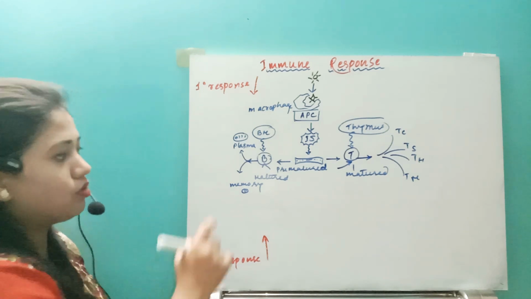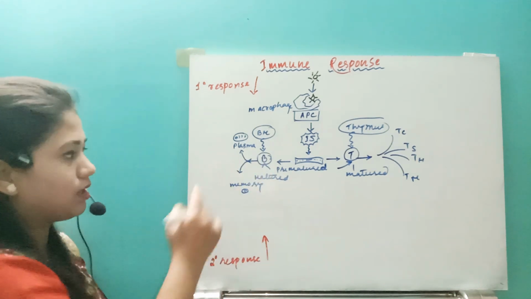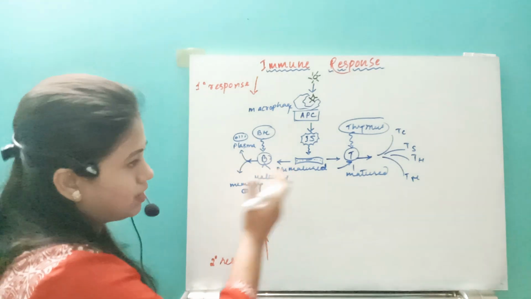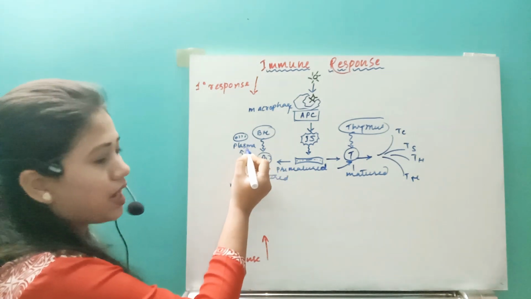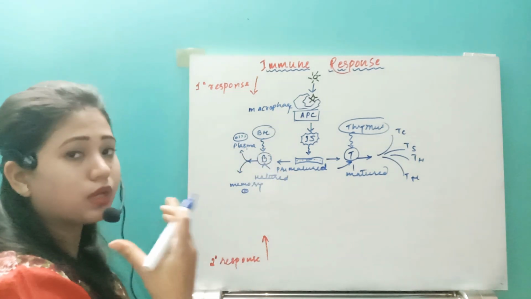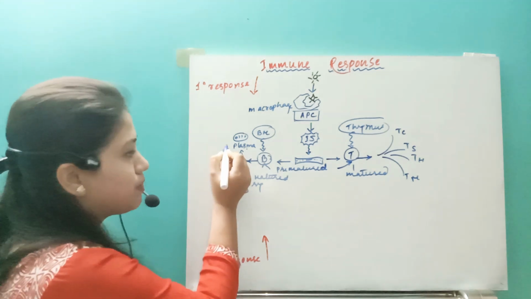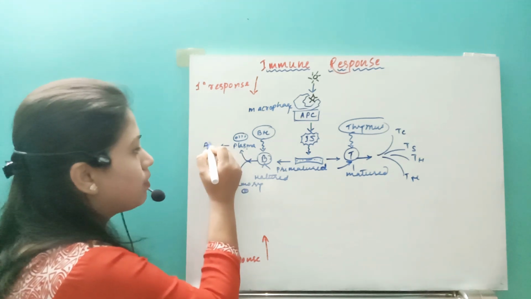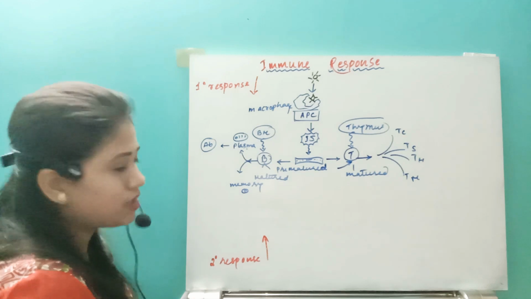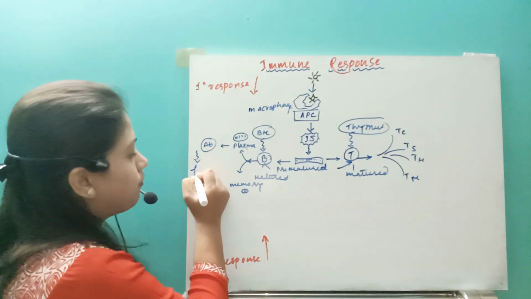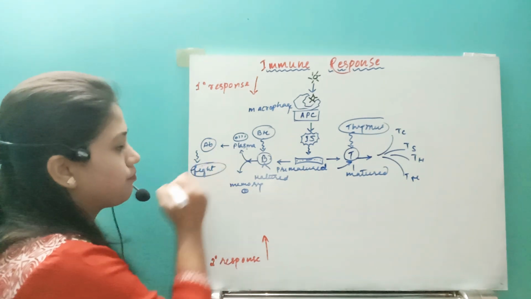Now there is one more step on this side. This B lymphocyte which is modified to plasma cell, this plasma cell will produce the antibody. That antibody will fight against that pathogen.